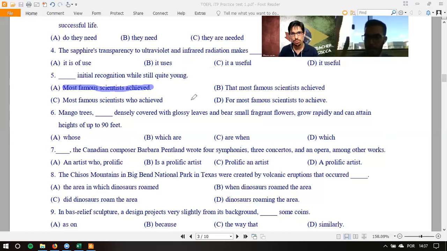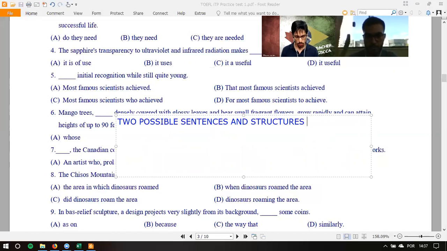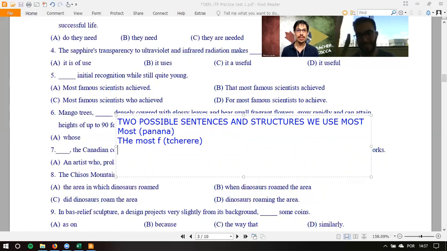Now, there's one catch here. We have two possible structures we use with most.